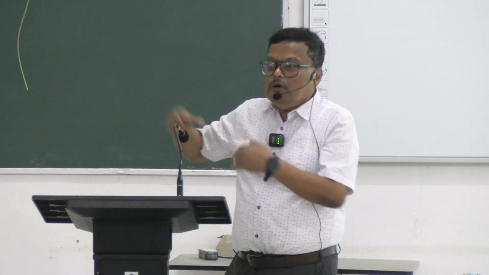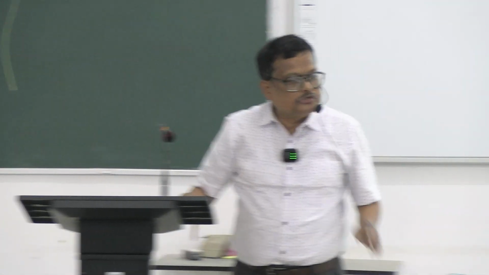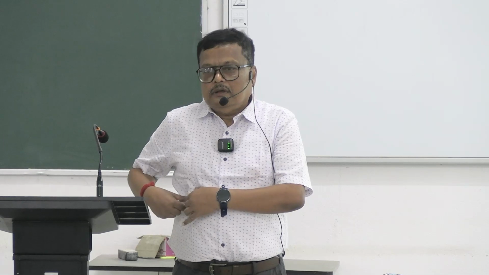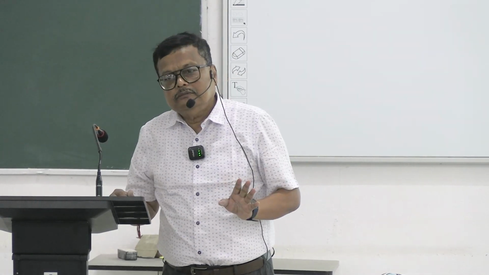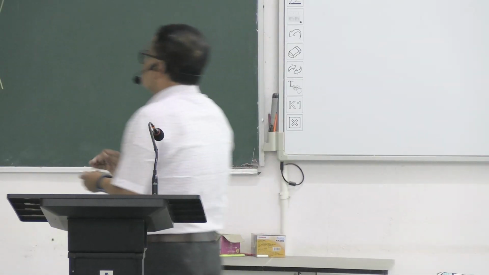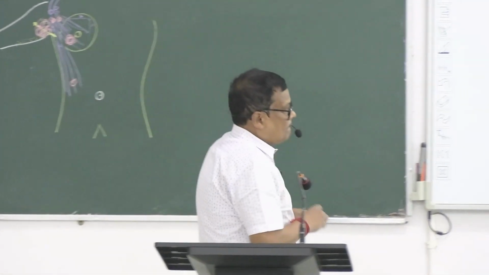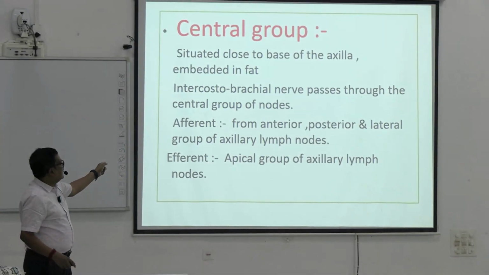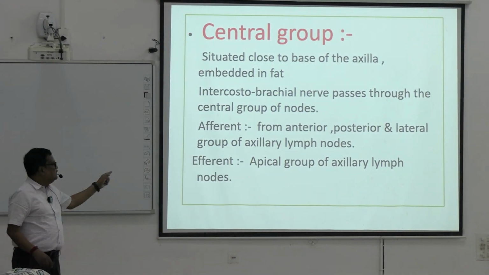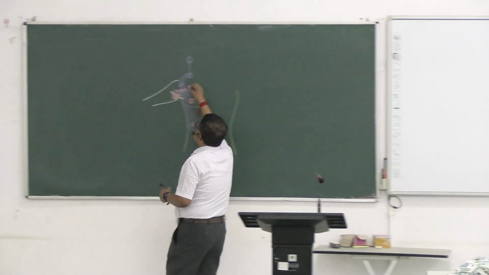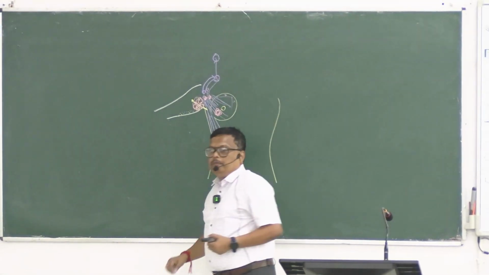Then, by back calculation, if you find the axillary lymph nodes are involved, you search the draining area: breast, abdominal wall, etc. This is important. So afferents come from the anterior, posterior and lateral groups of axillary lymph nodes, and efferents all go to the apical group of lymph nodes.